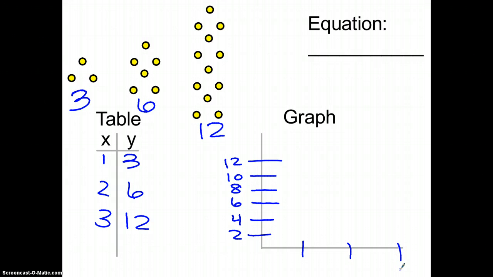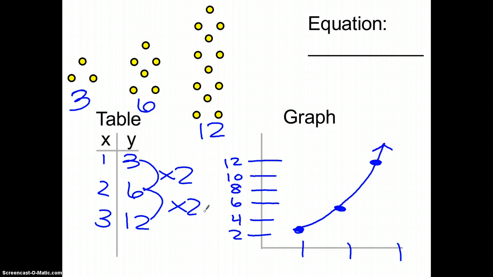So I go over 1 up 3, over 2 up 6, and then over 3 up to 12. And notice that this is not a straight line, it curves because it is geometric. This is multiplying by 2 every time. And you can see that in the pattern. It takes what we started with and it doubles.